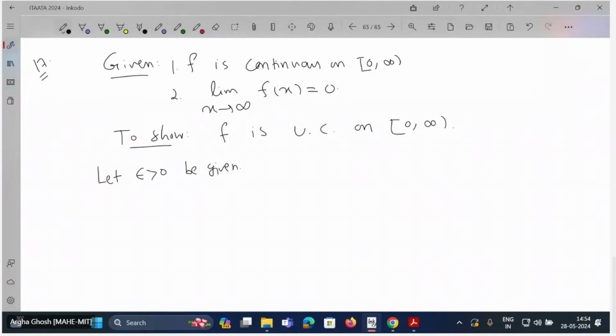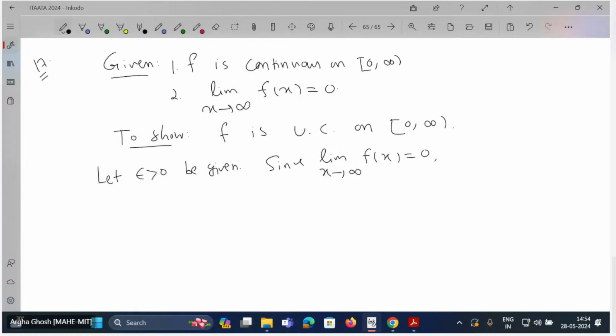Since the limit as x tends to infinity of f(x) equals 0, what can we write?